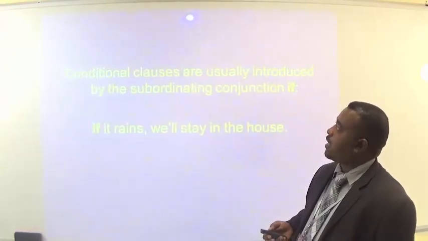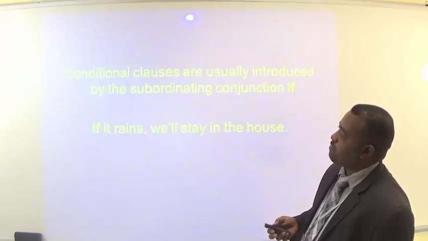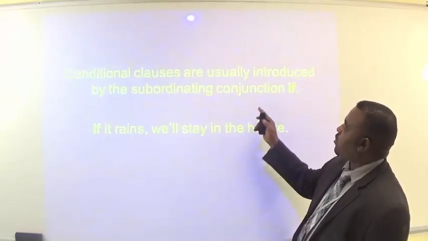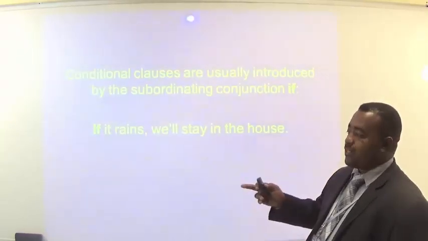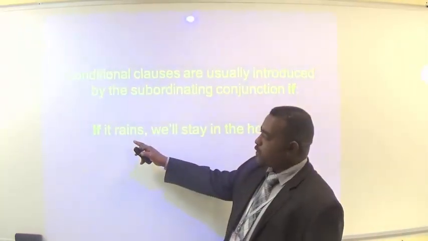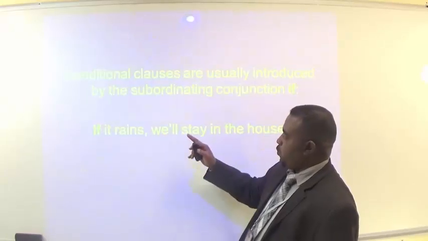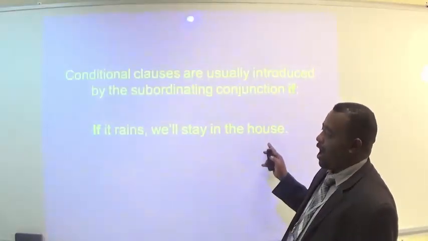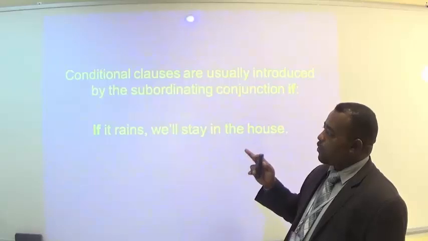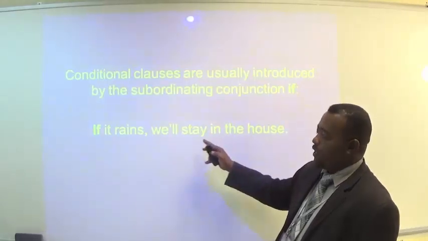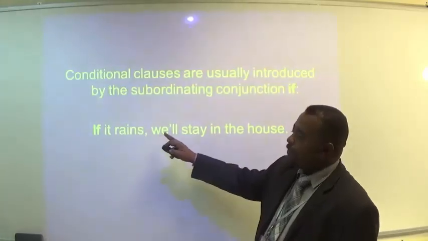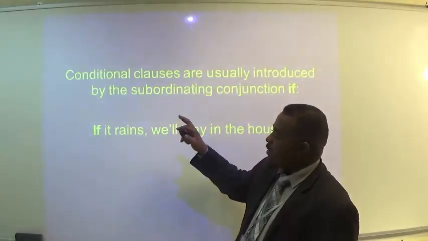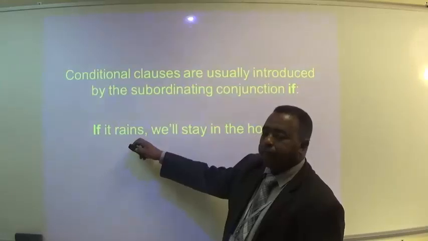Conditional clauses are usually introduced by the subordinating conjunction if. So look at this sentence: If it rains, we will stay in the house. The first important thing you have to know here is that this is the first conditional. And you have to know that the sentence has two parts.